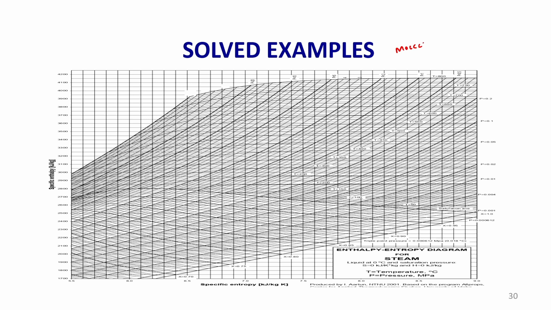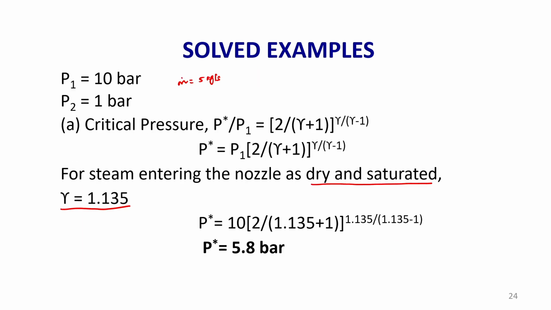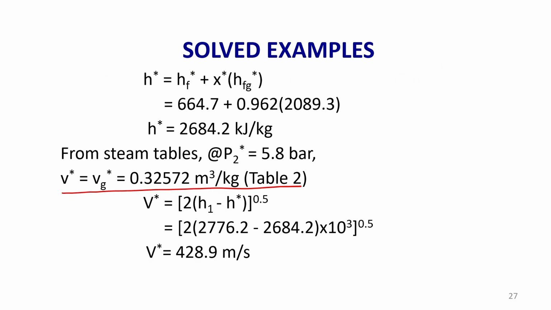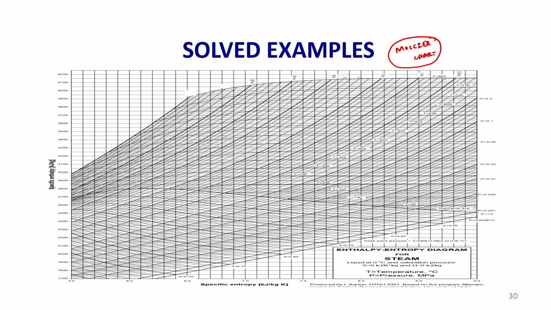Mollier diagram or Mollier chart, both are the same. So, these are pressure lines. Here the inlet pressure is given as 10 bar. So, if you divide by 10, in terms of megapascal it is 1 megapascal. So, identify the 1 megapascal line.